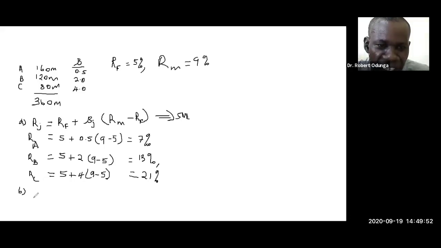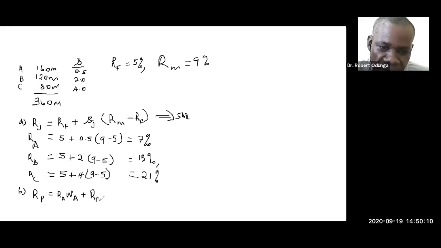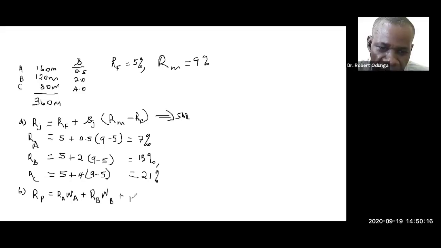If you can recall this formula, return of portfolio RP is equal to return of A times weight of A, plus return of B times weight of B, plus return of C times weight of C. So you already have return for A, which is 7%, for B is 13%, for C is 21%.